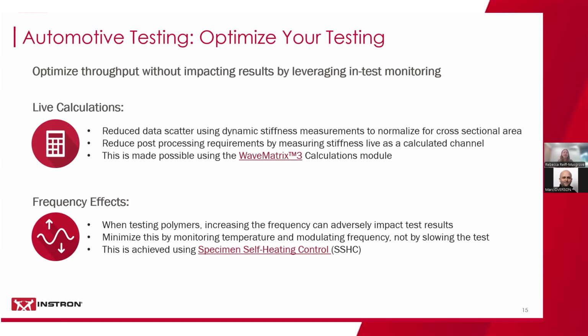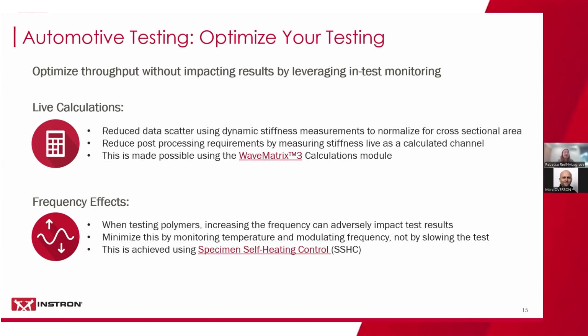Instron have come in to fill the gap there, and we have a calculations module in our Wave Matrix 3 software. Not only does it do dynamic stiffness, but a whole host of live calculations for that dynamic characterization that we spoke to as well.